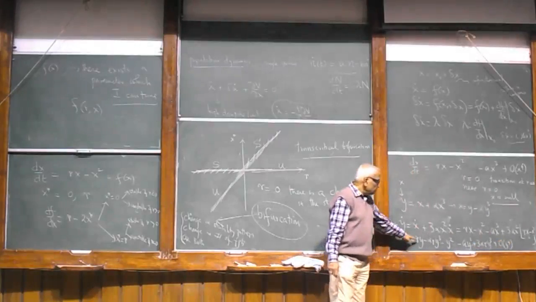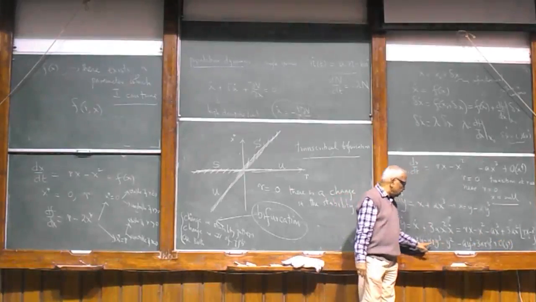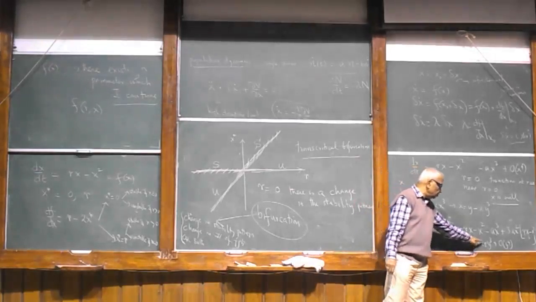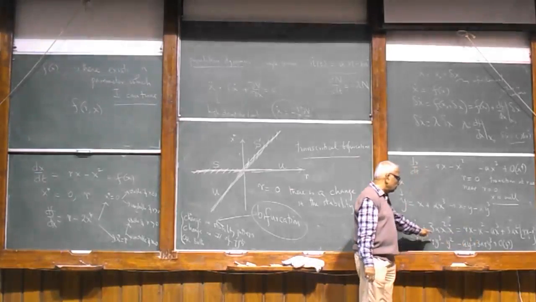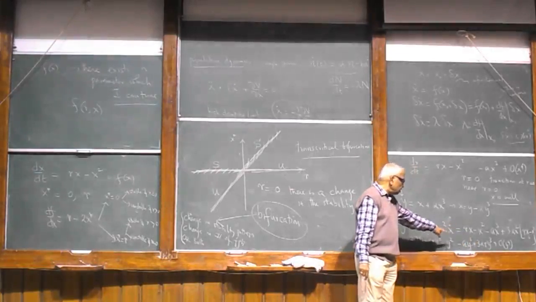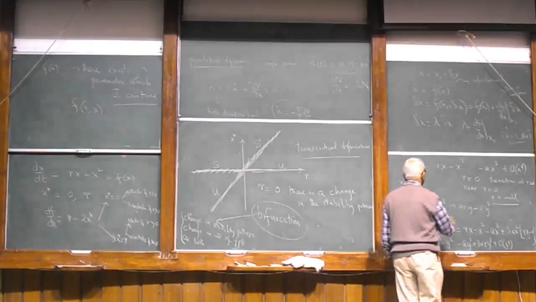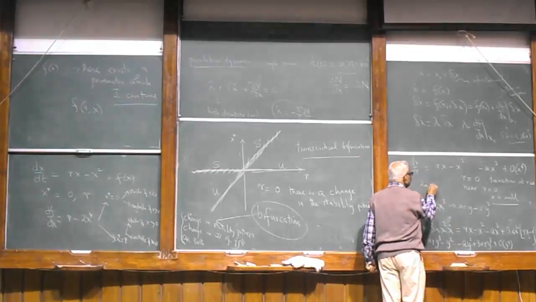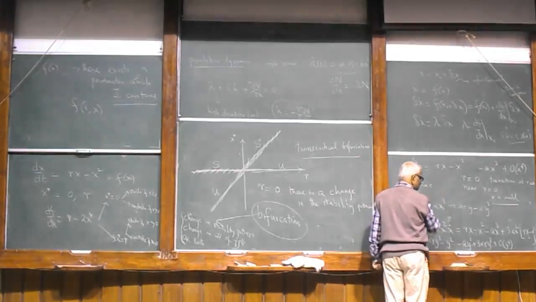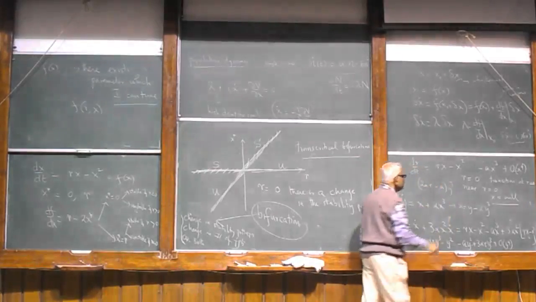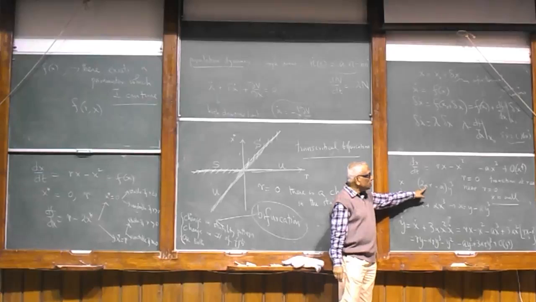So now you have ry minus y squared and minus alpha ry cubed minus ay cubed plus 3 alpha r y cubed over here. That is 2 alpha r. The y cubed has the coefficient 2 alpha r minus a, that into y cubed. And I can choose my alpha.